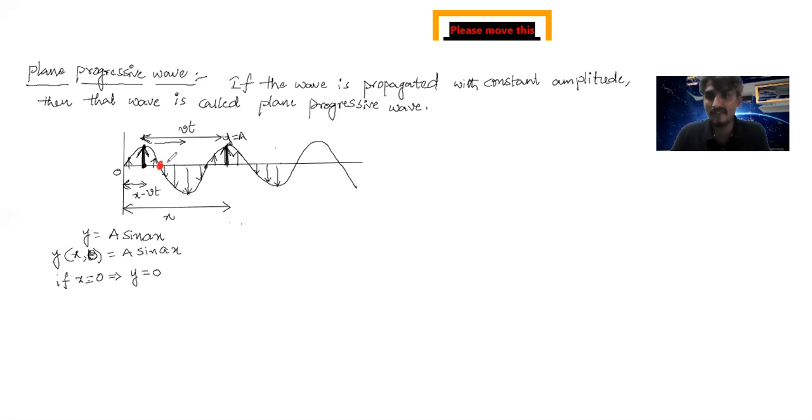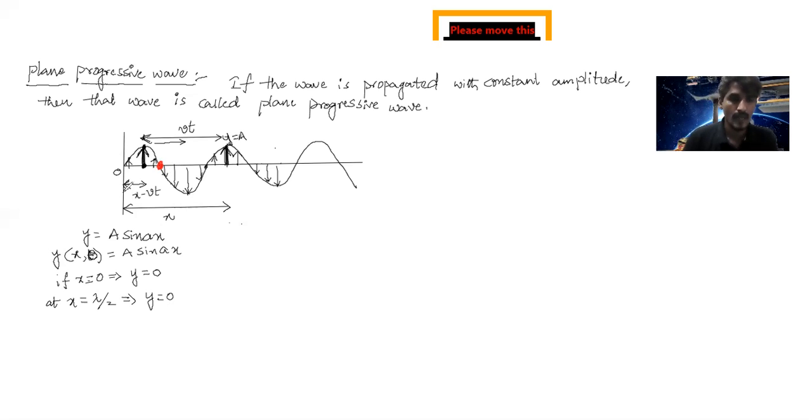At half of the wavelength, that means at lambda by 2 distance, again we are getting y value as 0. So at x is equal to lambda by 2 distance, again we will get y is equal to 0. From the diagram, we are observing that, okay?